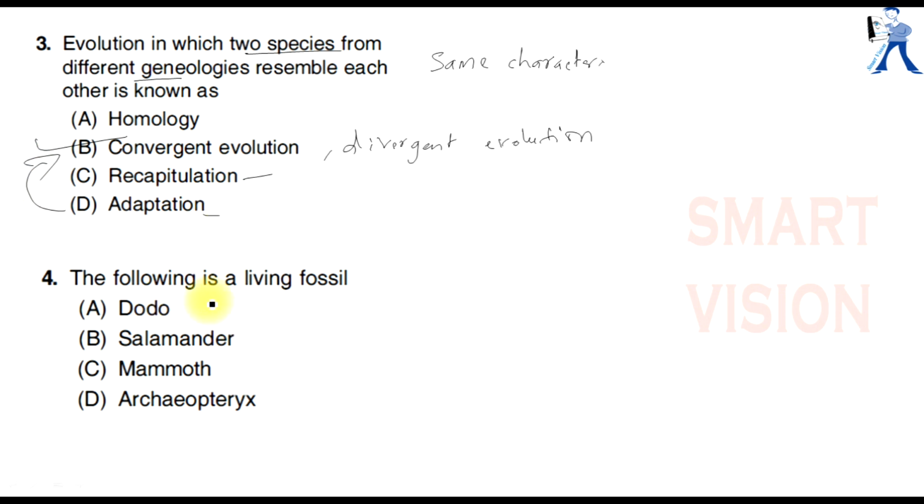The next question is, the following is a living fossil. What is the meaning of living fossil? We know fossil is the impression of prehistoric plants or animals embodied in rock, right?